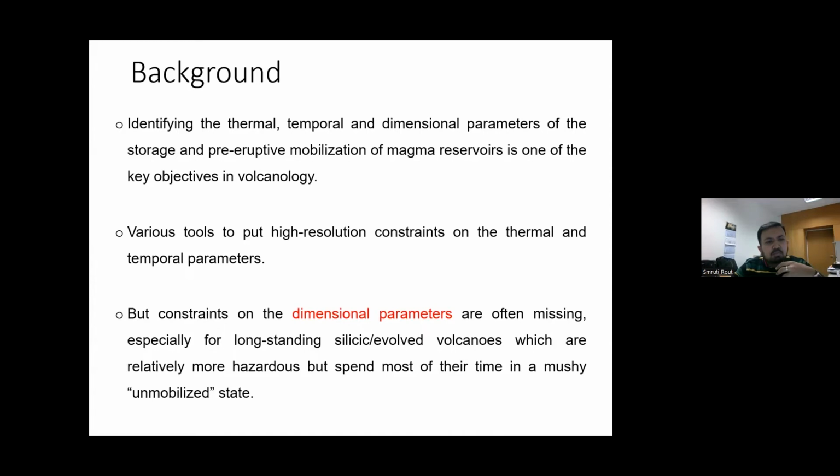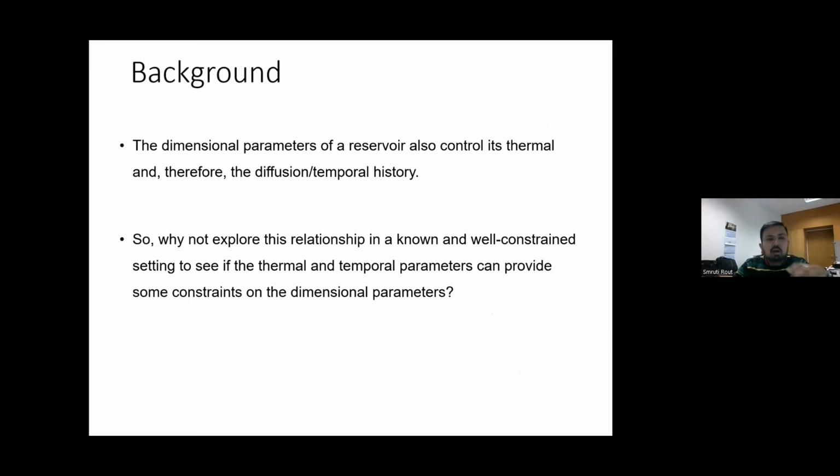And this is much more prominent in the case of silicic systems, which are not always active or may have been active in the past. But it's also important to know that the dimensional parameters do control the reservoir's thermal history, and therefore the diffusion history of the minerals which are present.